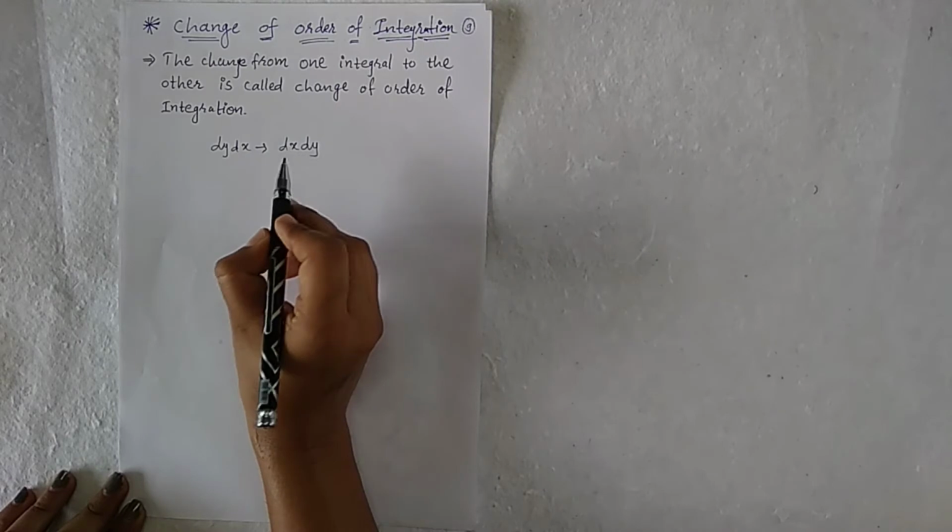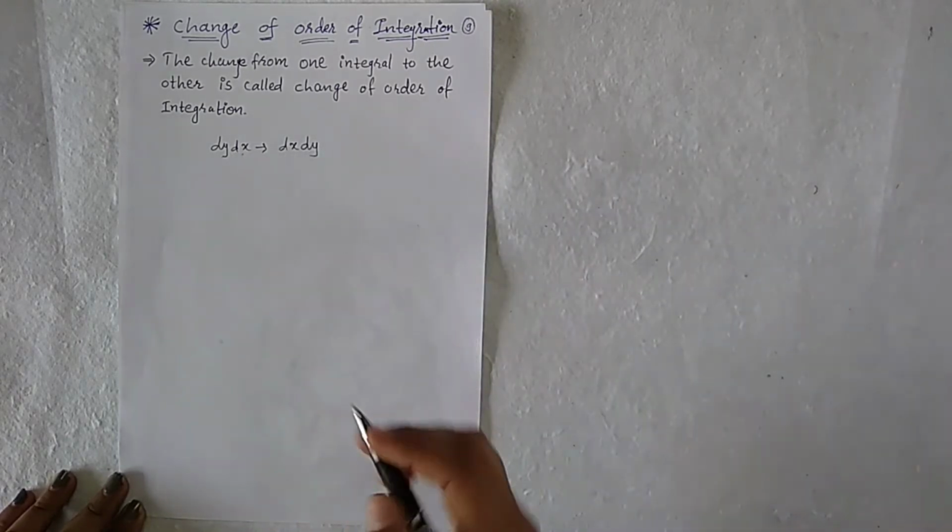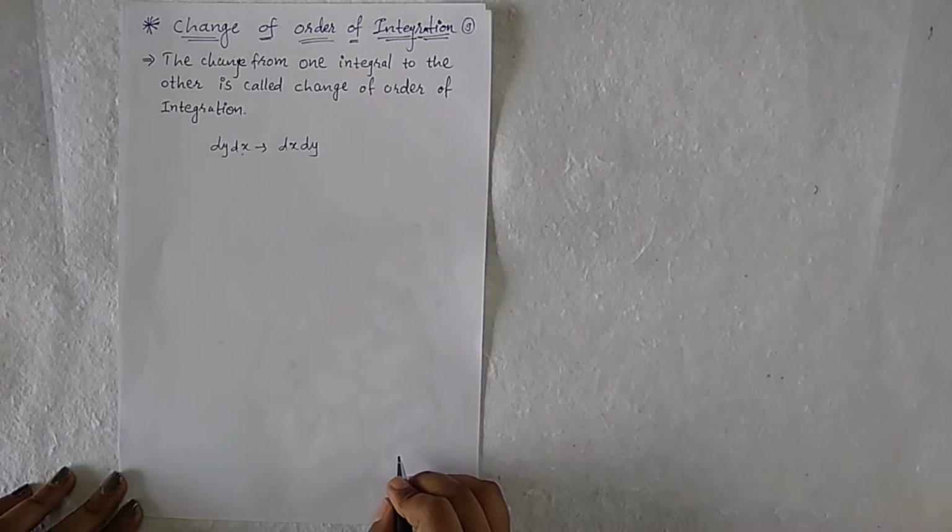For changing the order, one should sketch the region of integration. From the sketch, the new limits of integration can be determined as usual. So this is all about the change of order of integration.